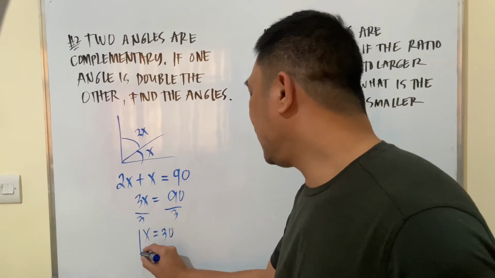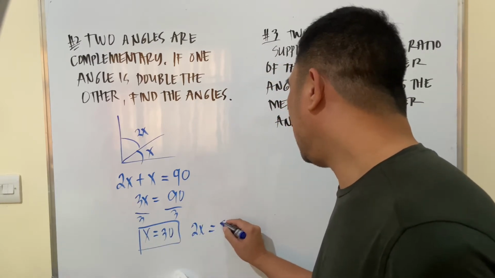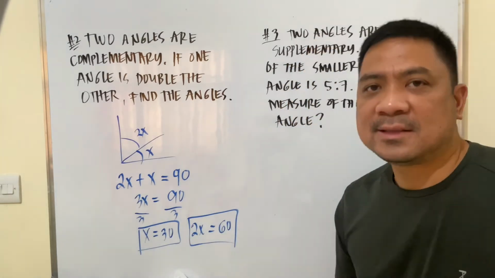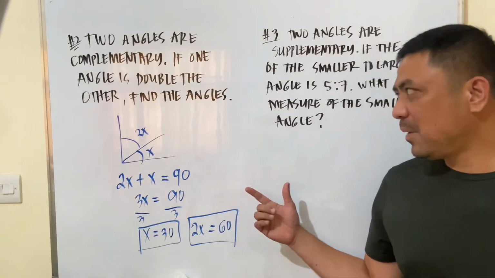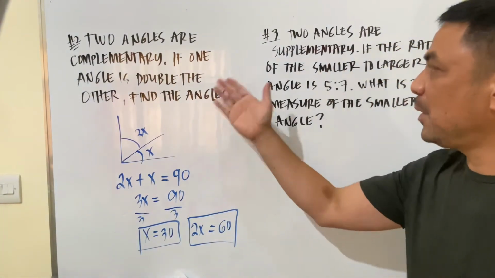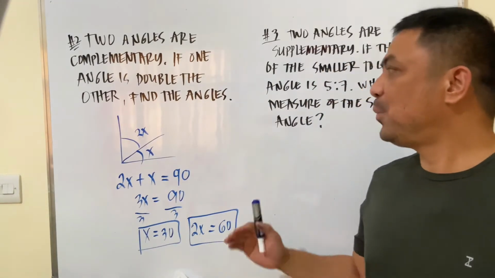So the smaller angle is 30, and 2x then is equal to 60. So the other angle is 60 degrees. So again, we might find the problem very easy, but if we don't know the basic concepts on complementary and supplementary angles, we'll be at a loss at some point, okay?